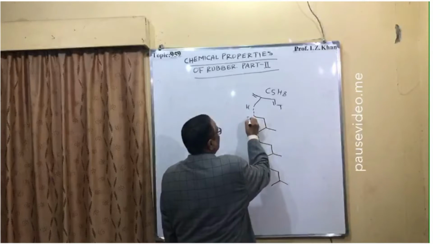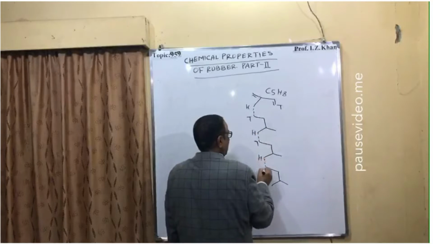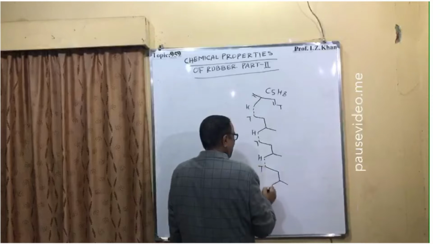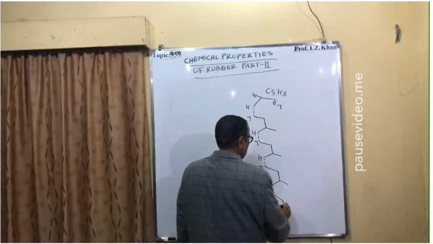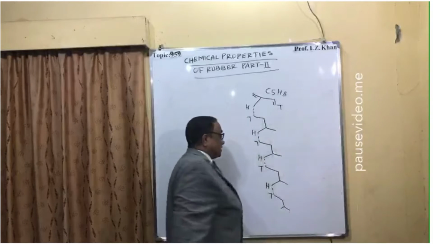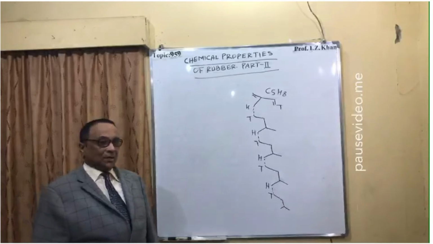So how is the rubber forming the polymer of isoprene units?